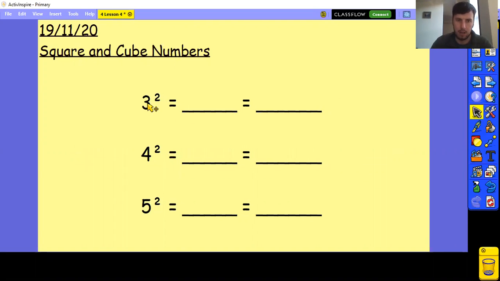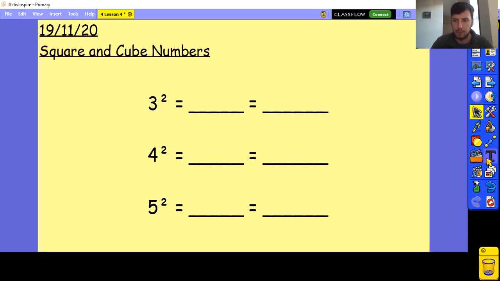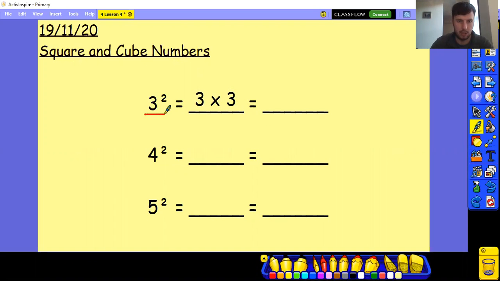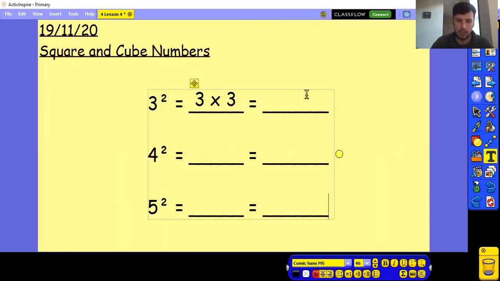So here we have got 3 squared. When I say number times by itself once, I mean we've got 3, times it again by itself once. We've got 3 times by 3. 3 squared is just a quicker way of writing this. We've got 3 times 3 equals 9.